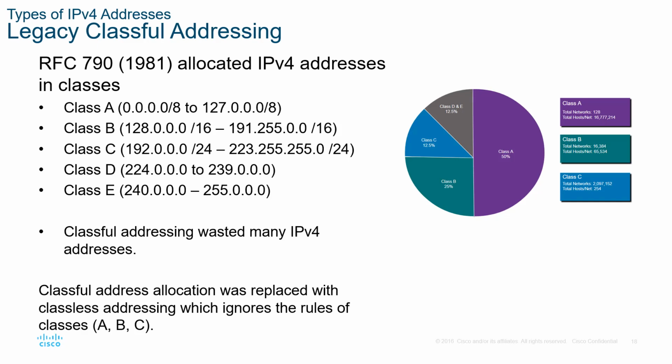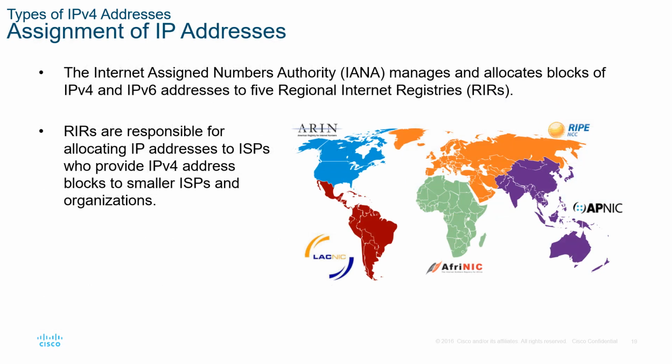A common question I get is, who assigns IP addresses? There are different groups. ARIN for North America. We have LACNIC for Latin America. We have AFRINIC for Africa. We have APNIC for Asia Pacific, and we have RIPE for Europe, most of the Middle East, and Upper Russia.